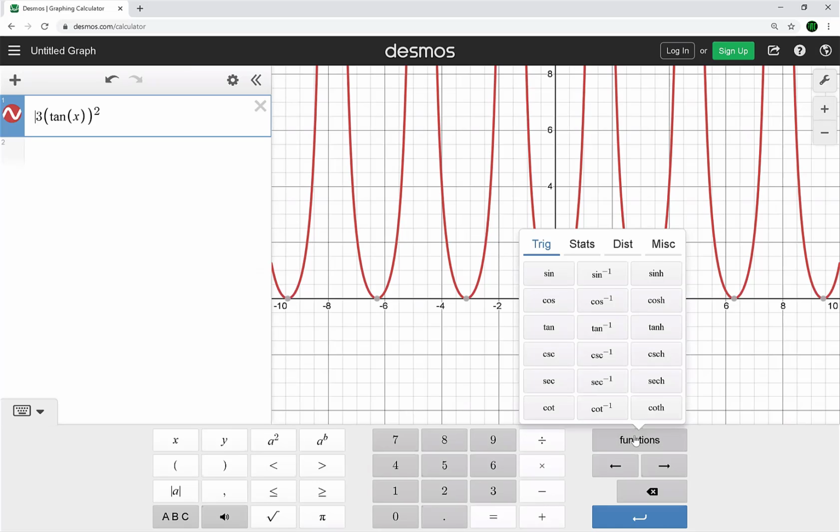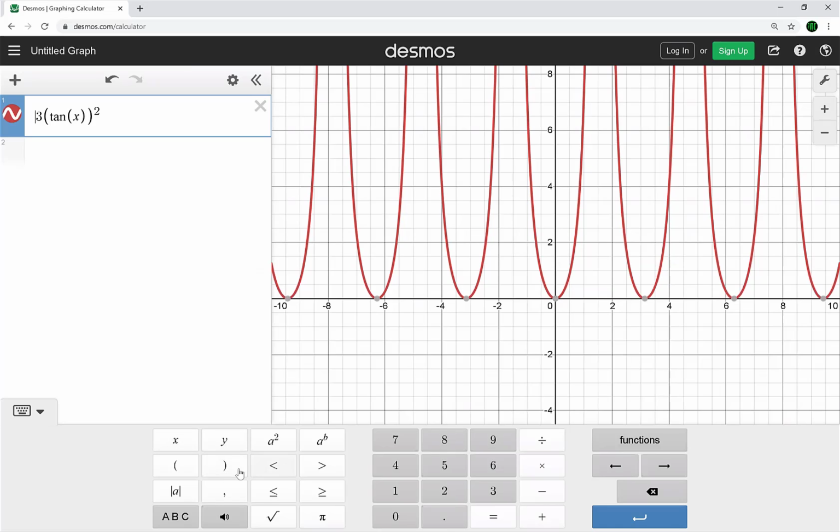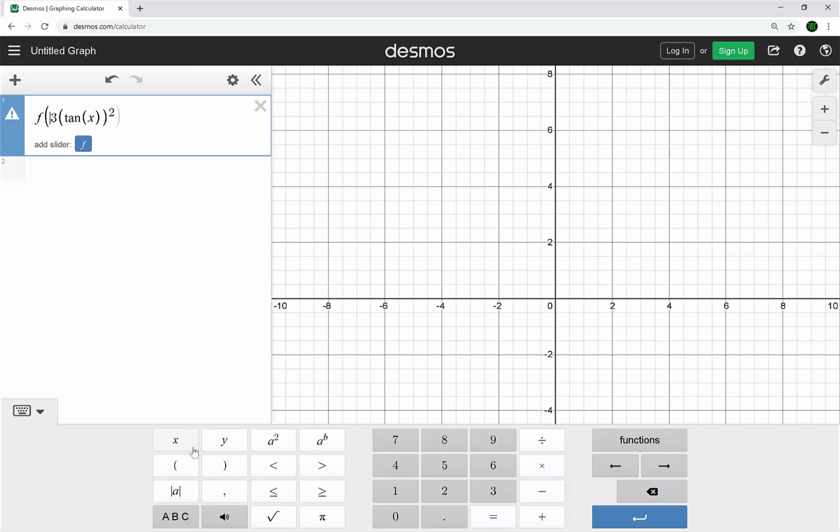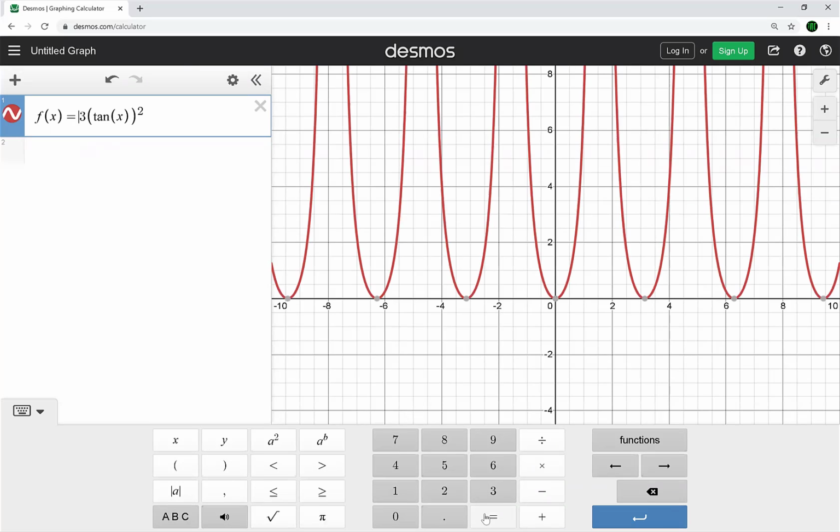Can I call it f of x? But I don't want to use my keyboard right now. Oh yeah, thank you, miss. F equals, yay, there we go. f of x equals that.